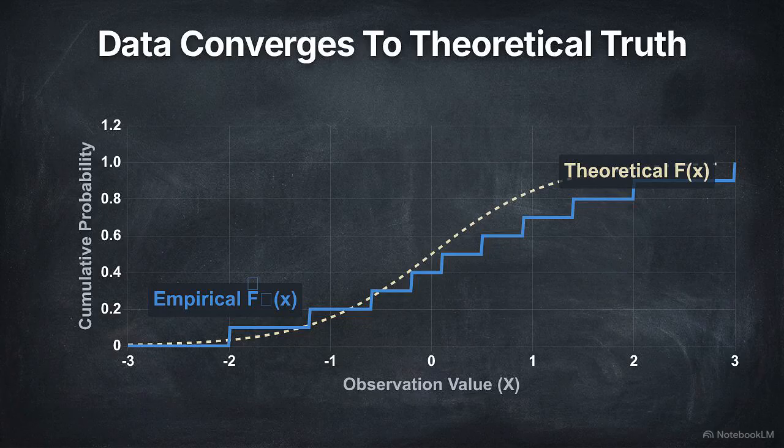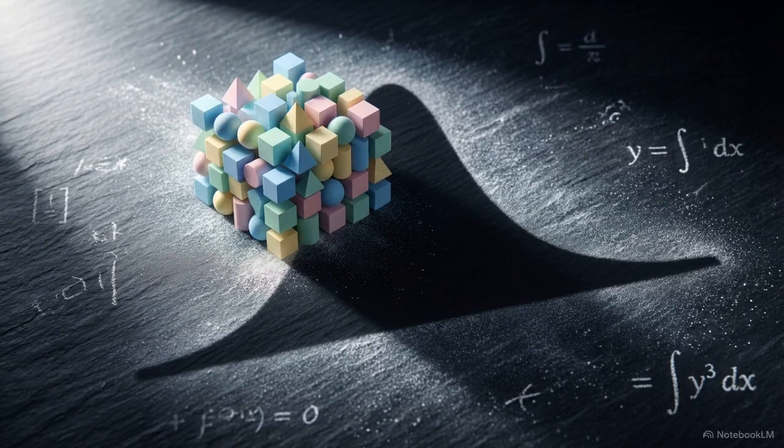As our sample size n approaches infinity, the maximum distance between our physical sample and the theoretical truth converges, almost surely, to absolute zero. As thousands of data points flood the axis, the steps become microscopic. The jagged empirical line perfectly morphs into the smooth, continuous theoretical curve. The Glivenko-Cantelli theorem provides the mathematical proof that finite samples are reliable shadows of their parent populations.